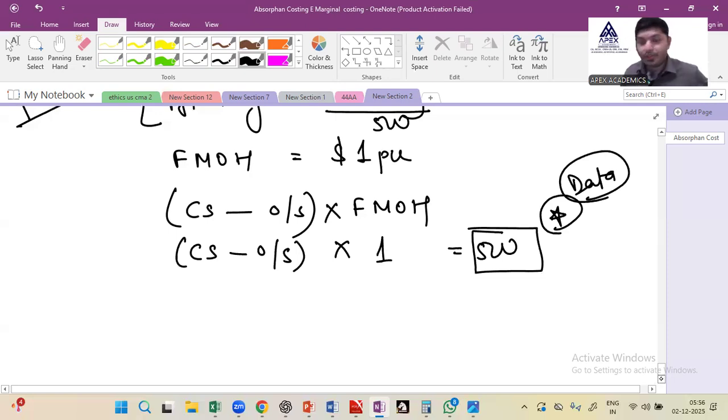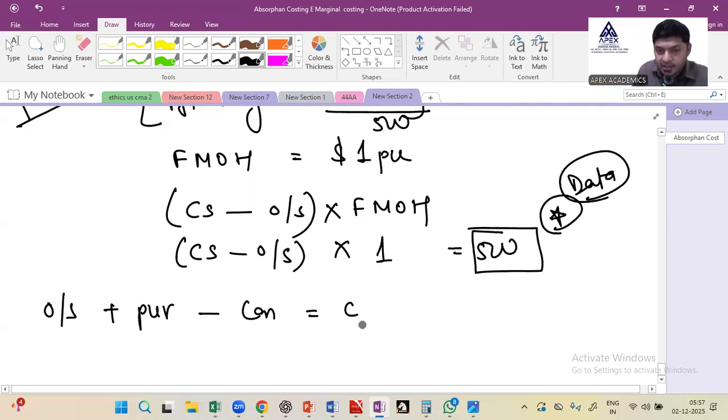Now please pay attention. My dear students, opening stock plus purchases minus consumption is equal to closing stock.